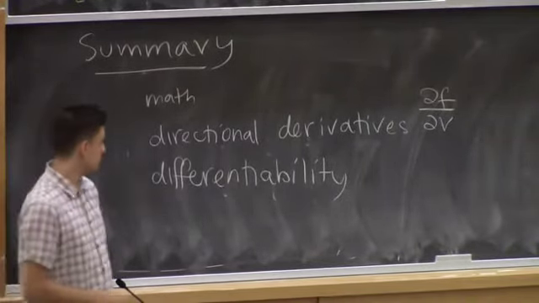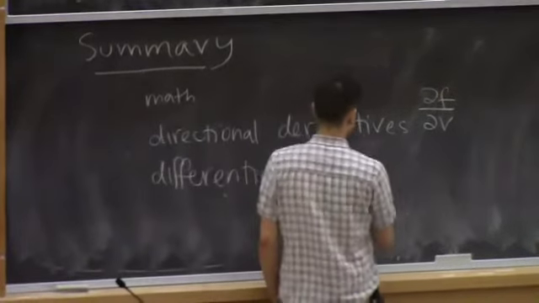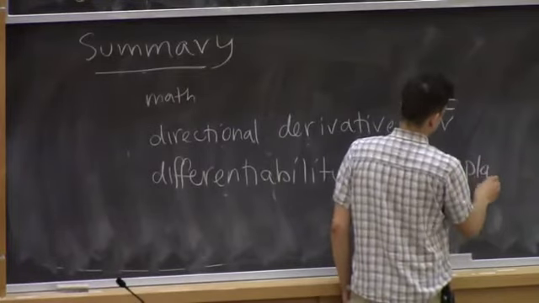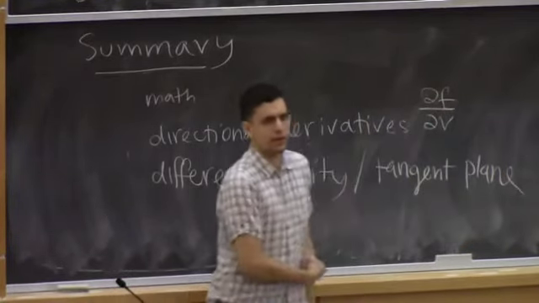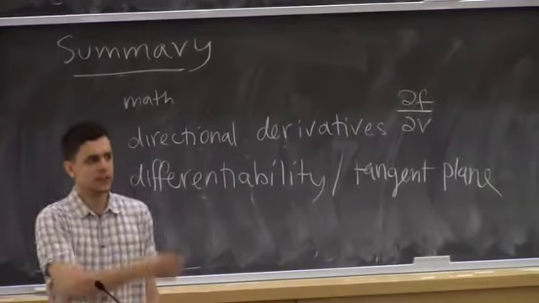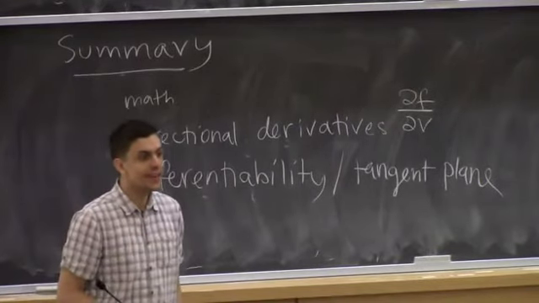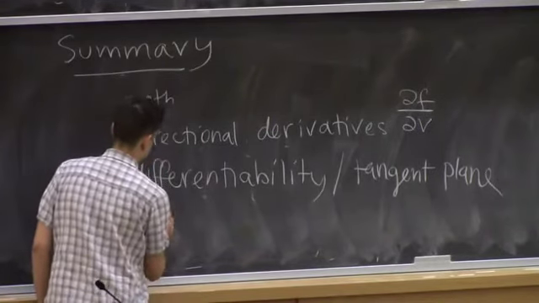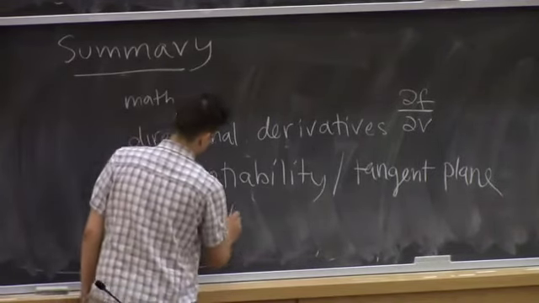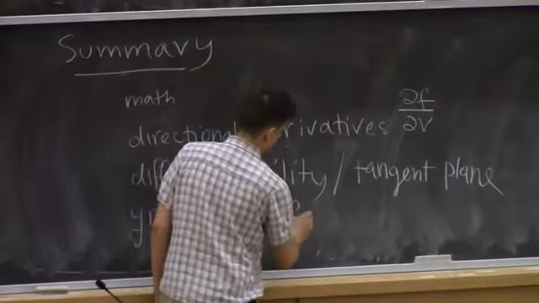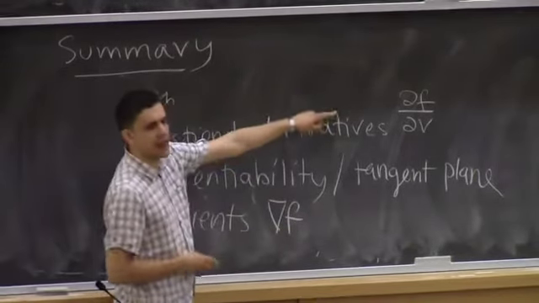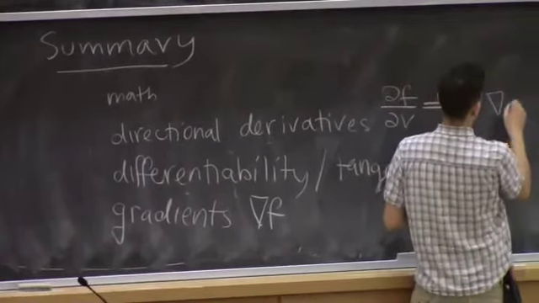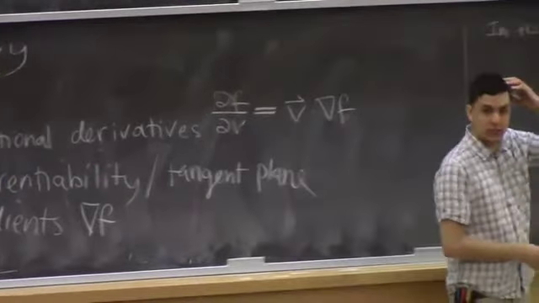I guess we did tangent planes, sort of related. What else did we see? Gradients. Yes, gradients, key. And just to tie that back to directional derivatives, we had that key equation.